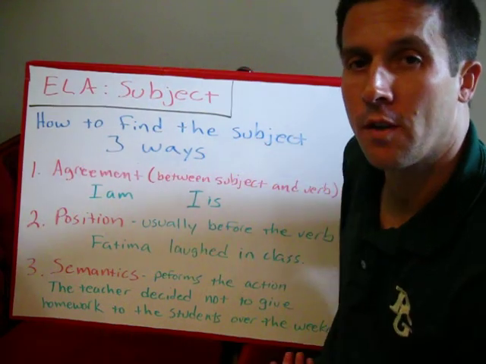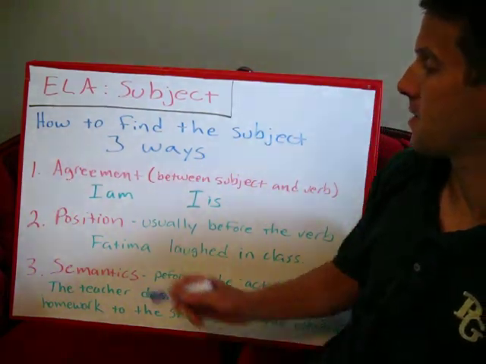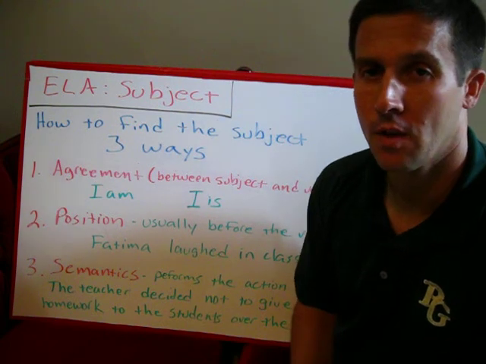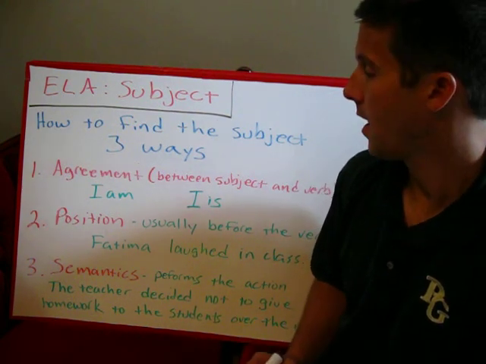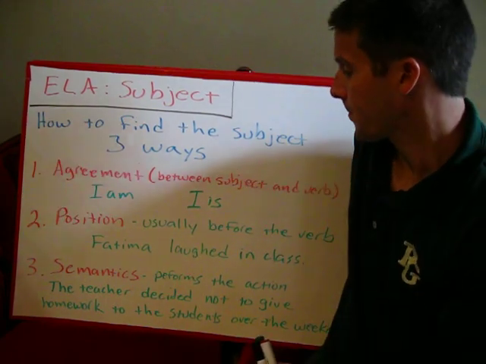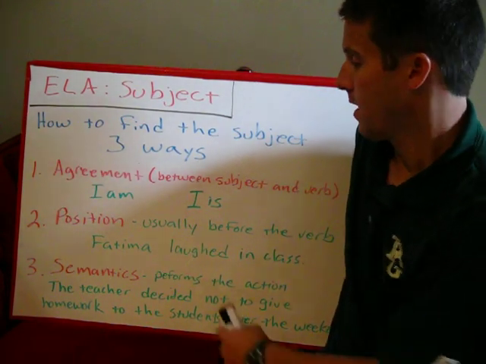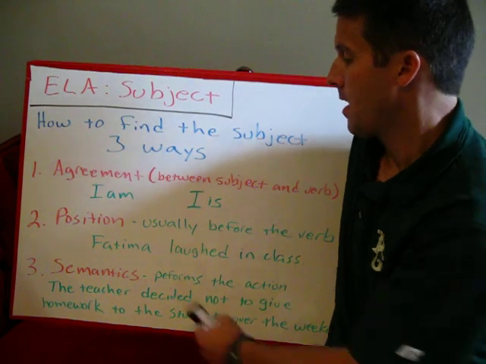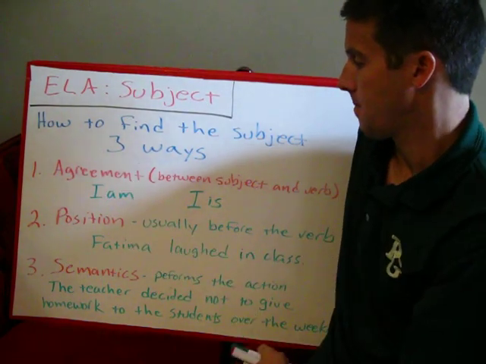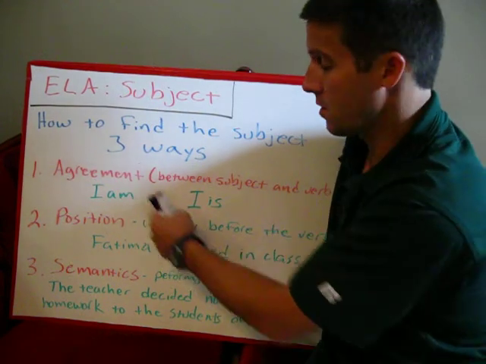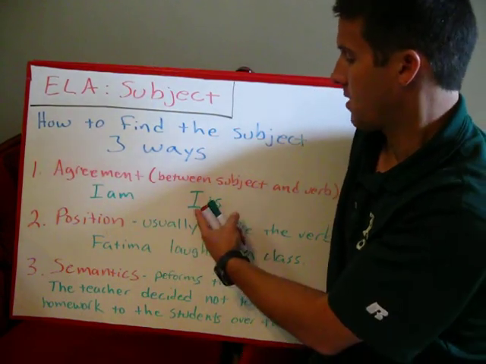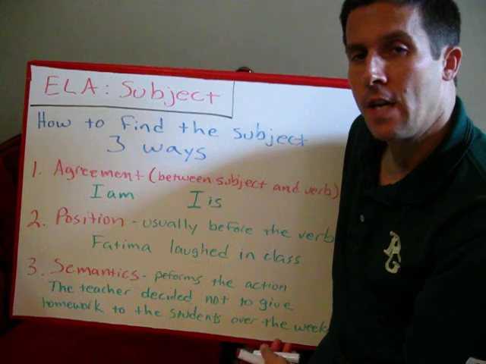And if you're good with grammar, you'll understand that there's some verbs that can only go with the subject based on the number and the gender in some languages. Here we're talking about the number. I am. Now this is proper, right? I am going to the store. But what if someone said I is?